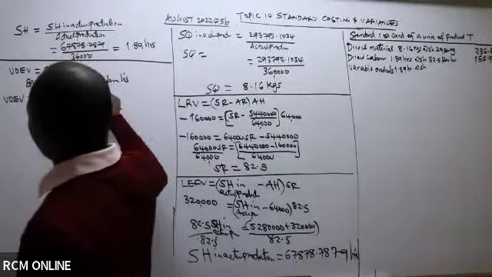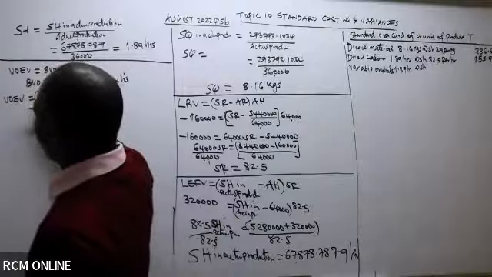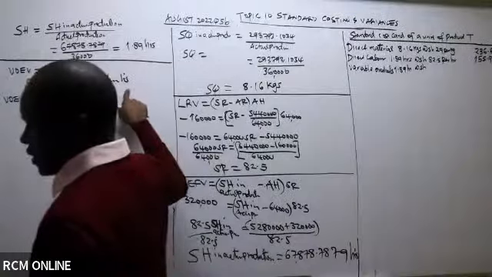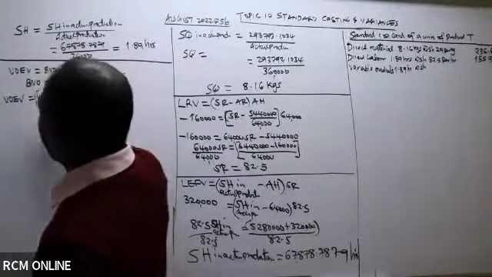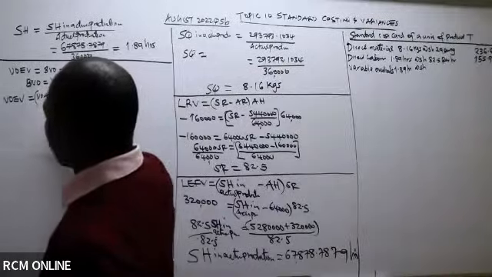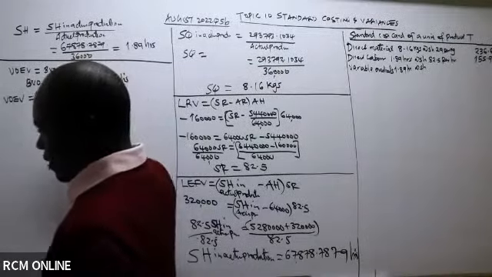But now we have two unknowns. We don't have budgeted variable overhead. We don't have variable overhead absorption rate, but we have actual labor hours. So we cannot apply this method. We now move to this other method number 2: variable overhead absorption rate minus actual rate times actual hours, right?